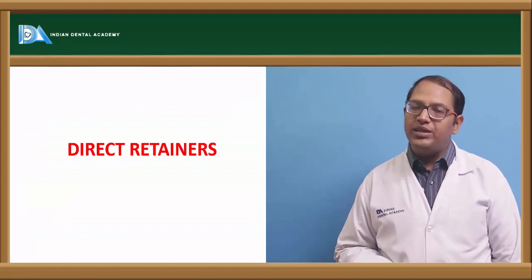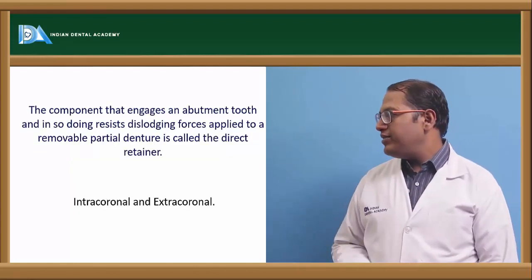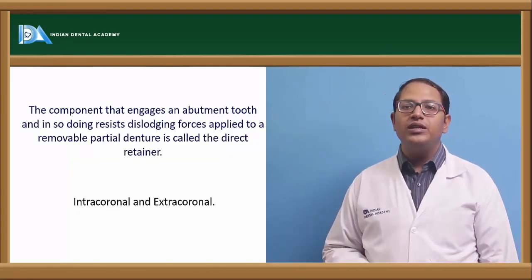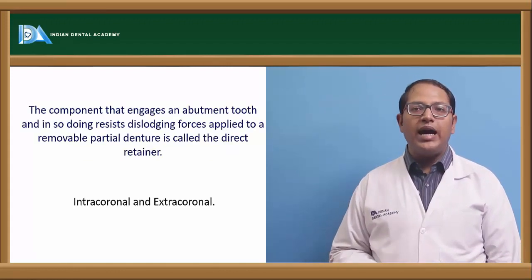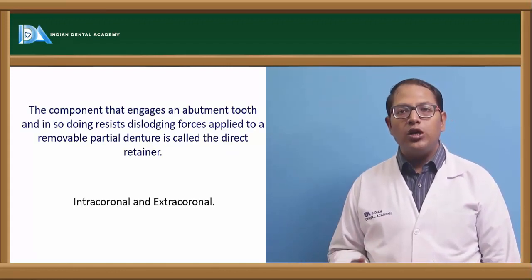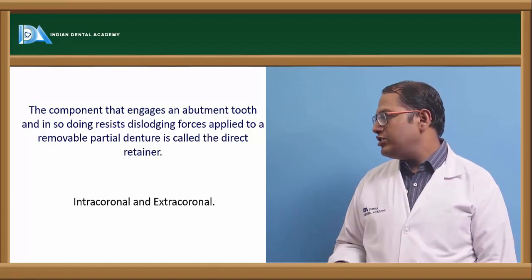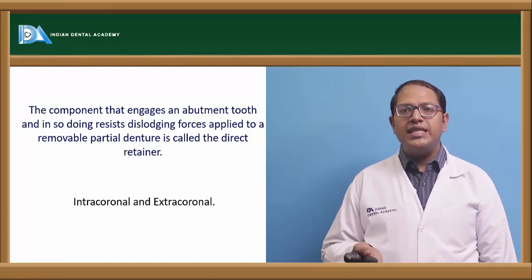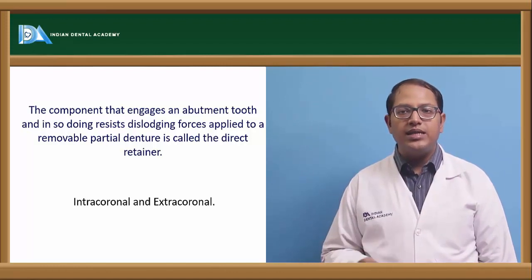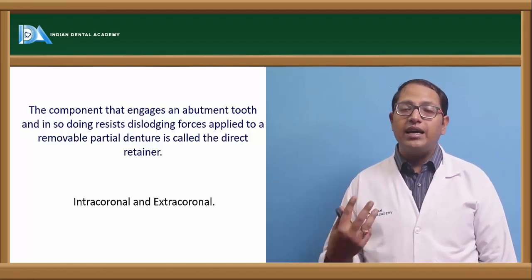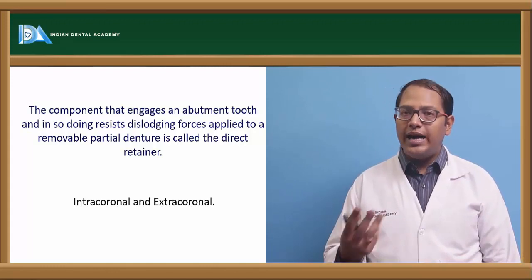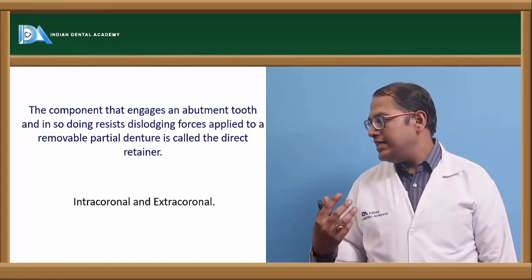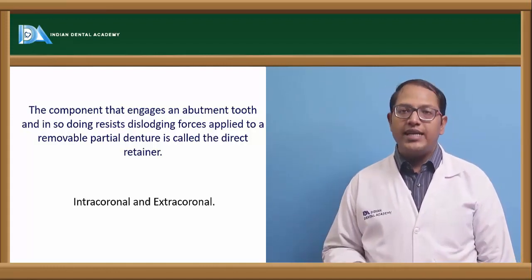Coming to the direct retainers. The direct retainer is the component that engages an abutment tooth and resists dislodging forces applied to the removable partial denture. It is also known as a clasp in our local terms at times. Direct retainers can be of two types, intracoronal and extracoronal, that is inside the tooth structure and outside the tooth structure.